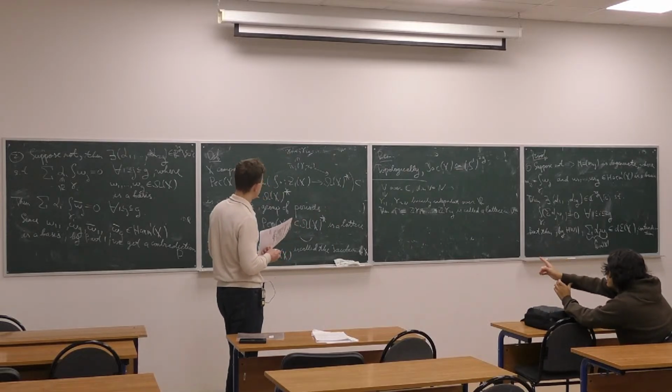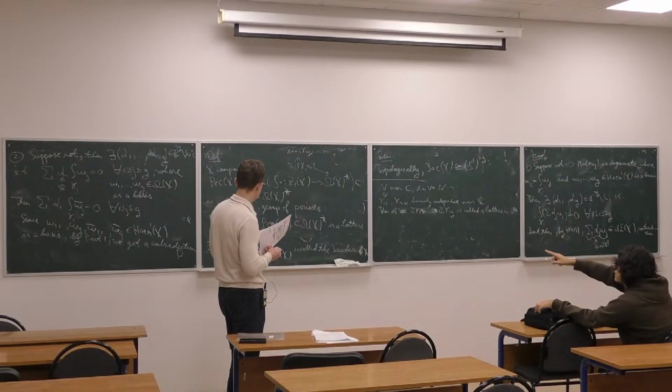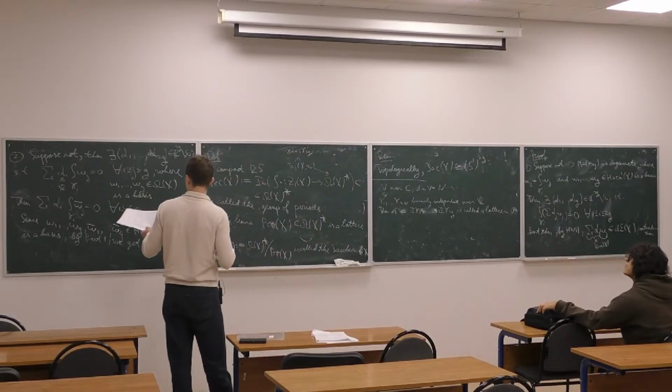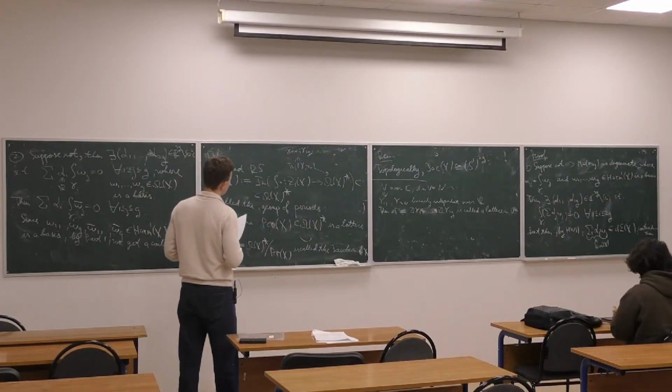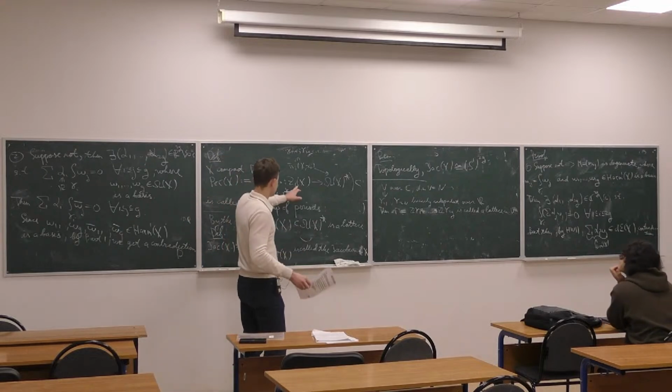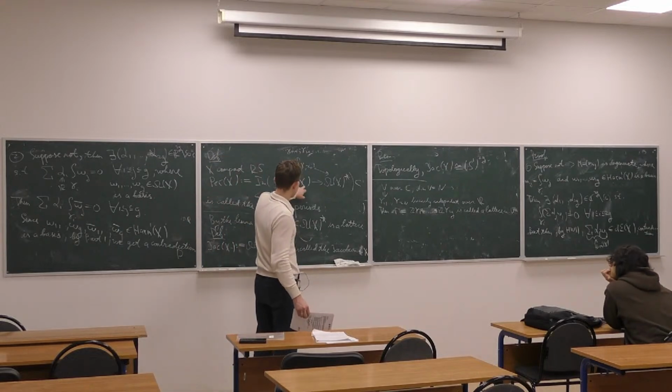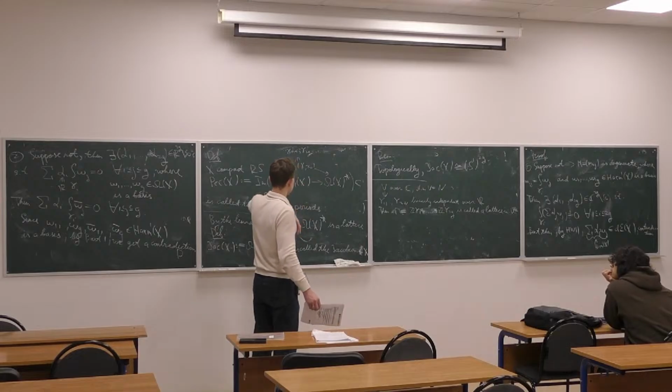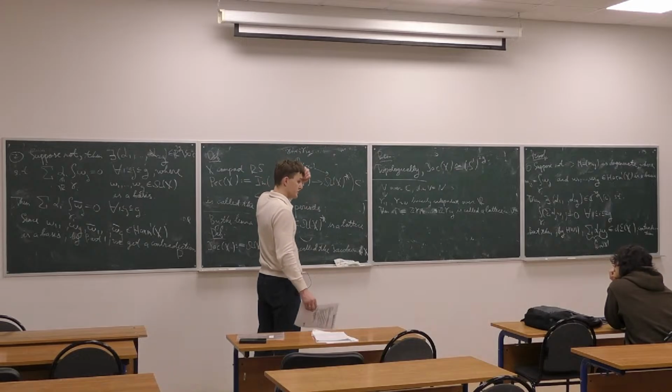When we considered Z1 of X, we said that any closed chain can be obtained as a linear combination with integers of loops from P1.